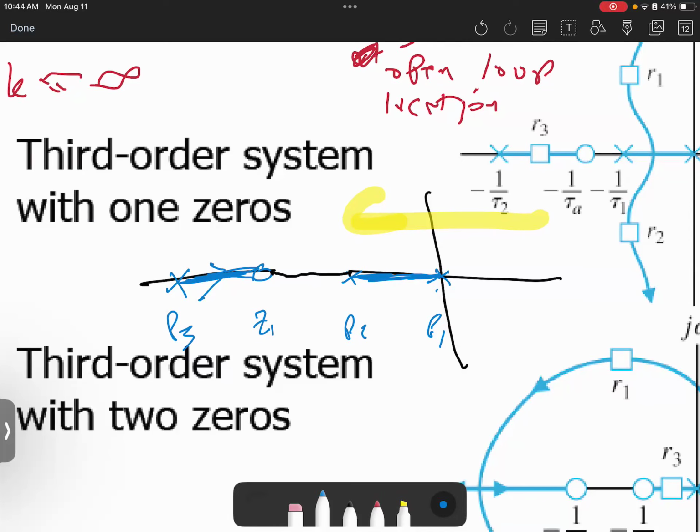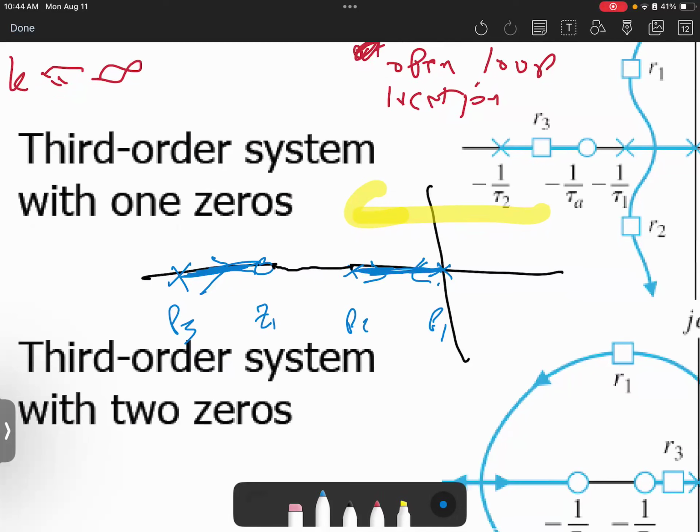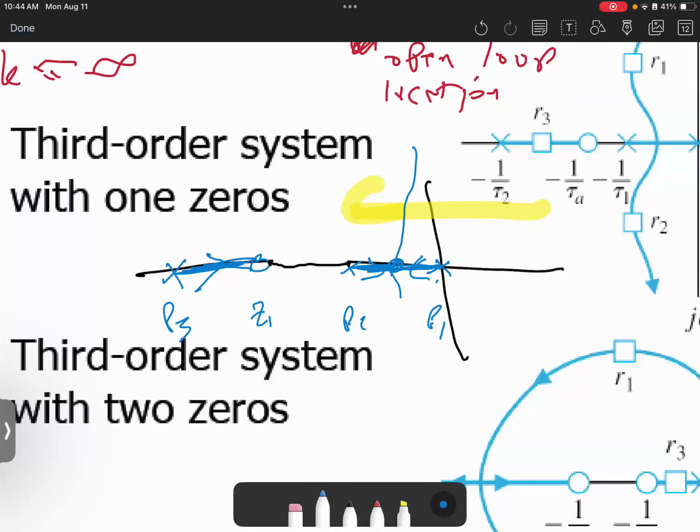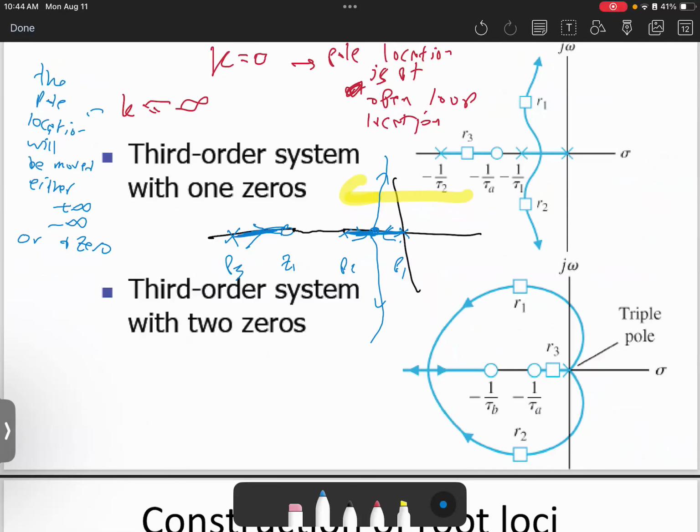While for P1 and P2, there are no zeros to go to. Therefore, they will move toward opposite directions of each other until reaching the critical point. Then from that critical point, they will change. They will go toward positive infinity and negative infinity. So that's how we can figure it out.